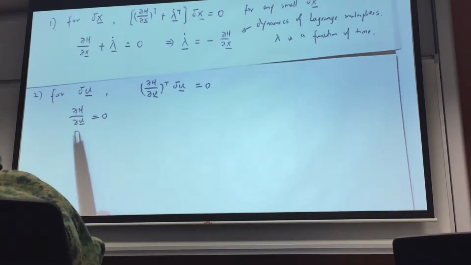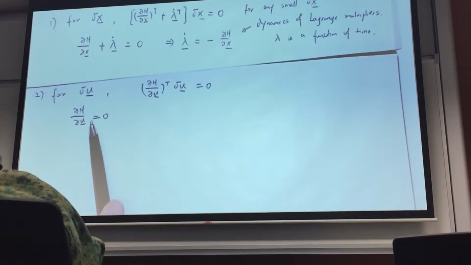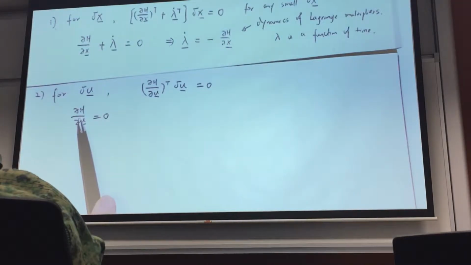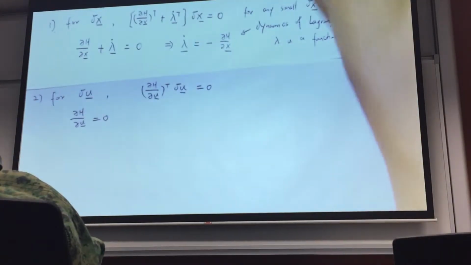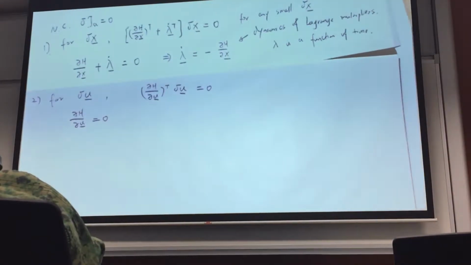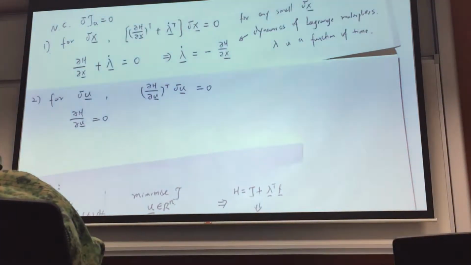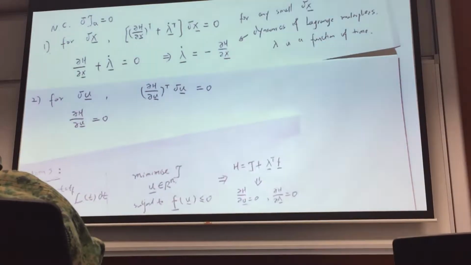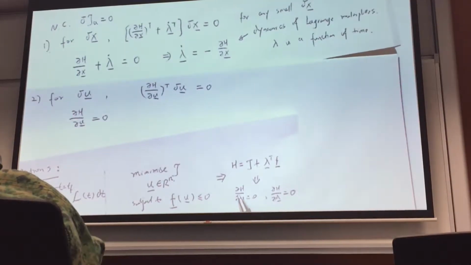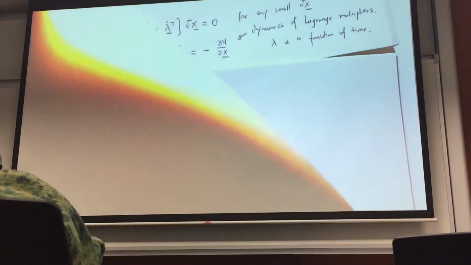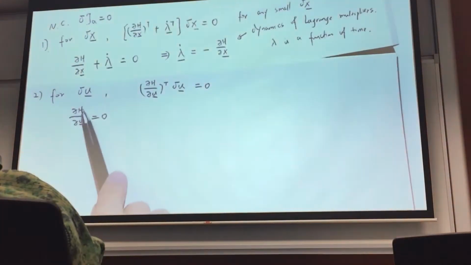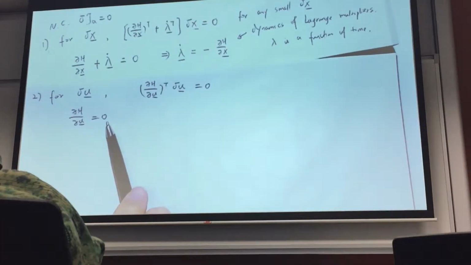So from here, we get the same equation as before. You remember previously we defined our Hamiltonian, so the necessary condition is dH du equal to 0.